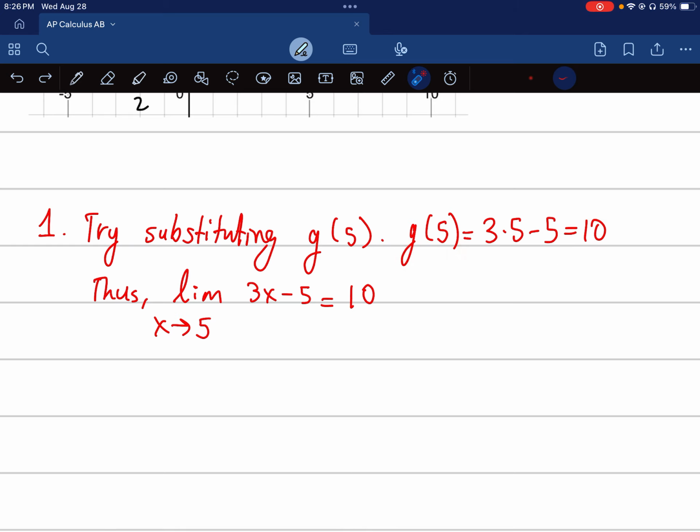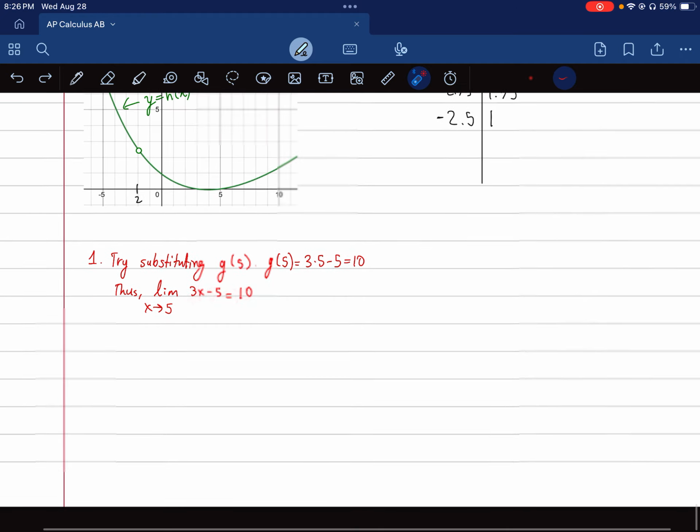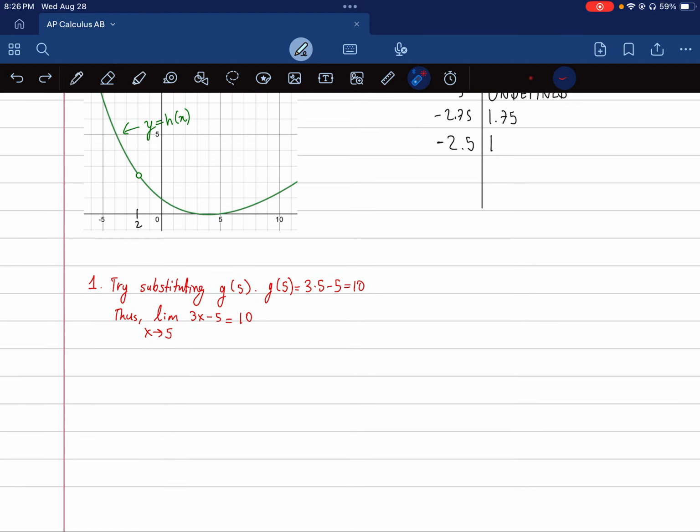Since we don't have a 0 in our denominator, we don't have an undefined number, indeterminate form, or anything like that, we can simply say the limit as x approaches 5 of 3x minus 5 is equal to 10. Very easy, nothing to it. In general, especially when you have linear functions, we can prove this later on, but whenever you have linear functions, you can always just substitute to find the limit.